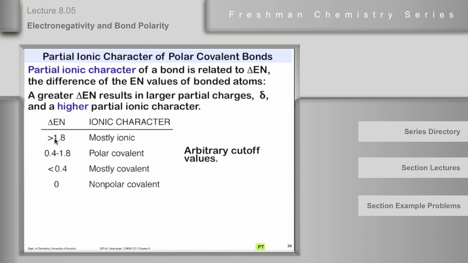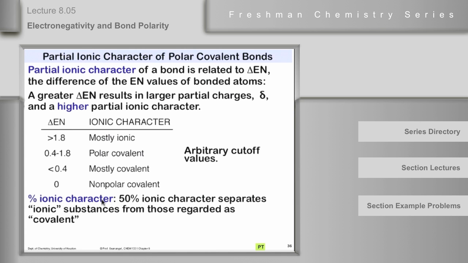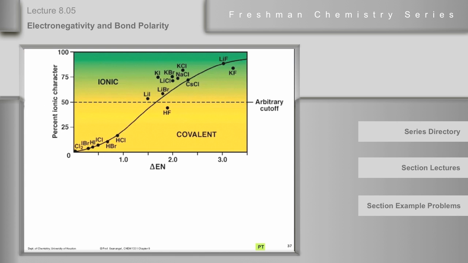If delta EN is greater than 1.8, the bond is mostly ionic. If it's 0.4 to 1.8, it's a polar covalent bond that has some polarity to it, and less than 0.4, it's mostly covalent to purely covalent. 50% is the breaking point between mostly covalent and mostly ionic.